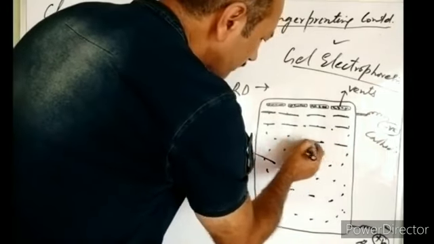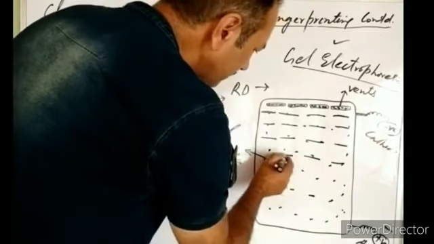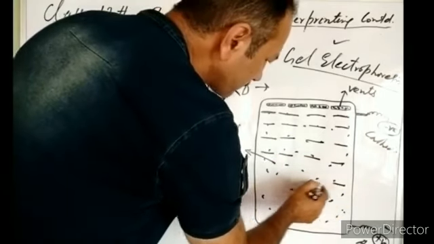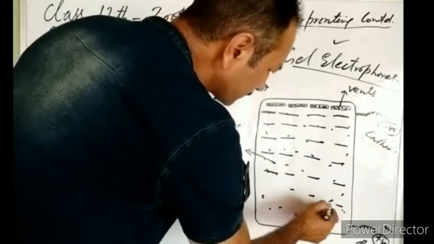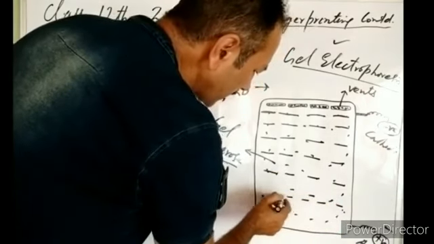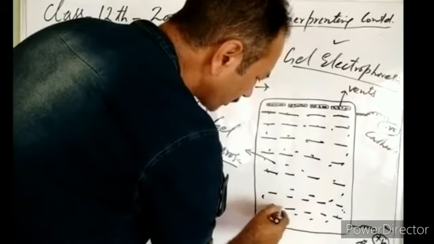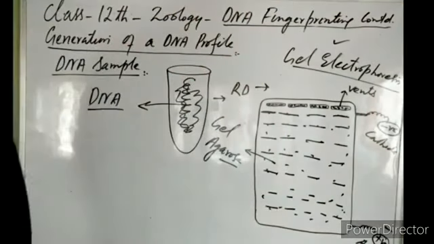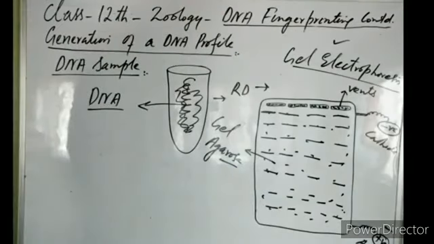What happens in this travel? The smaller fragments, because they are small, move faster, whereas the large fragments, being larger in size, move slowly. So in this way, DNA fragments of different lengths are separated from each other.